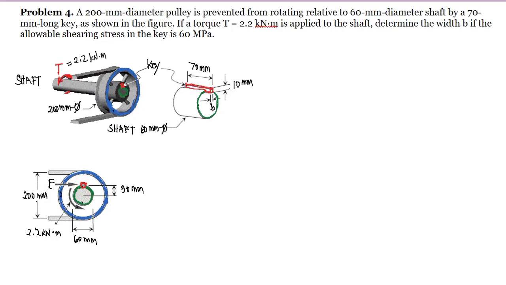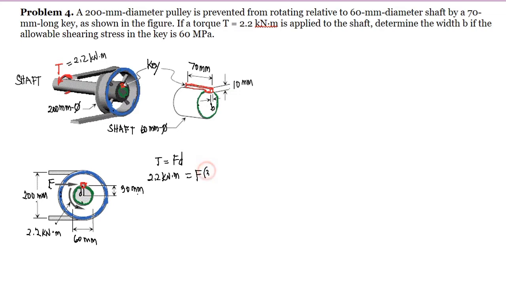So equating the torque and the force, we have here the torque is equal to the force multiplied by the distance. Since the torque is equal to 2.2 kilonewton meter and the force F here is unknown, and the distance here is 30 mm, that distance is this D here.